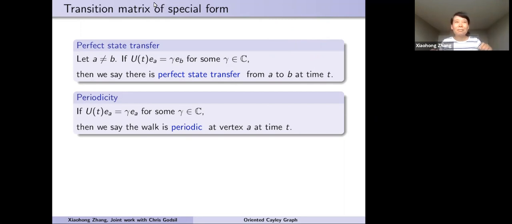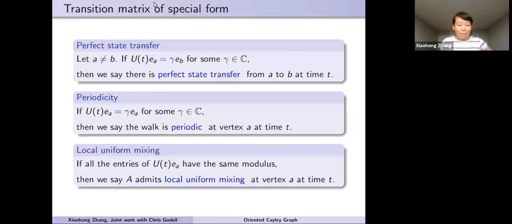On the other hand, we can consider the case when all the entries in column A are not zero, which is not hard to achieve. But if we require all the entries in that column to have the same modulus, we will see there is local uniform mixing relative to vertex A. So we define the walk based on some Hermitian matrix A, and depending on what the entries of A look like, the phenomena are related differently.